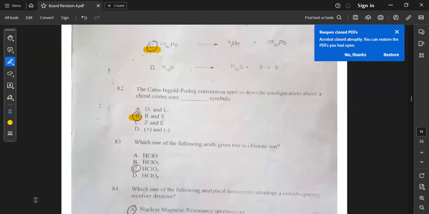That's what Spider-Man said for ClO4, that is the perchlorate ion. HClO2 is chlorous acid.